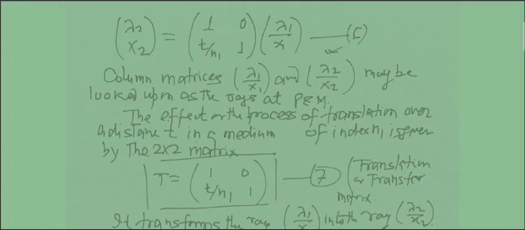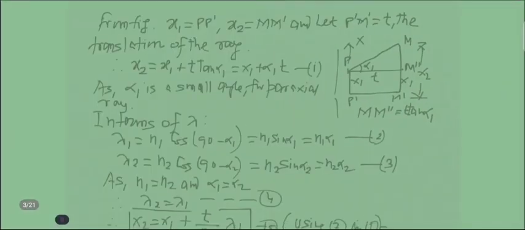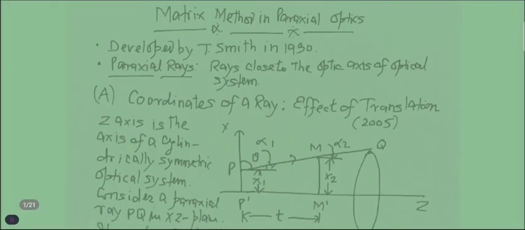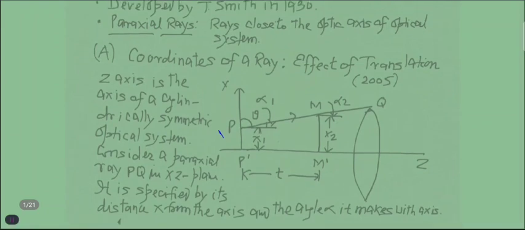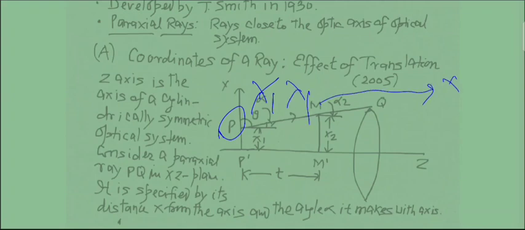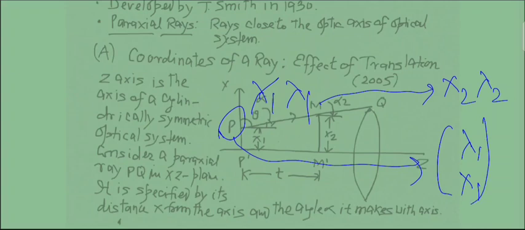So let us understand this from the figure. Let's go to the original figure. The coordinates of this point P were x1 comma lambda 1, and the coordinates of this point M are x2 comma lambda 2. So the matrix corresponding to point P is lambda 1 x1, and the matrix corresponding to point M is lambda 2 x2.